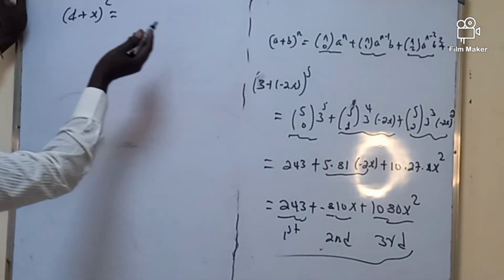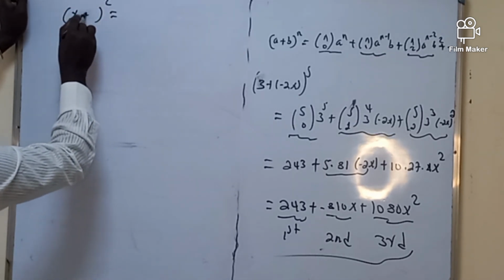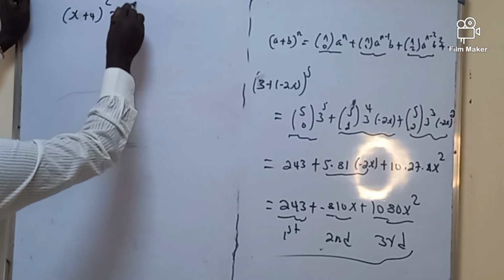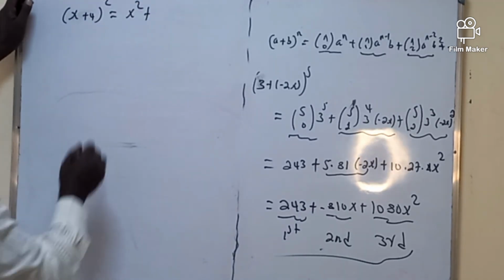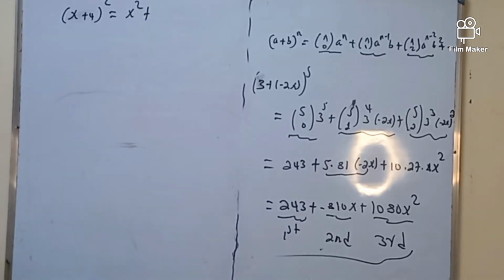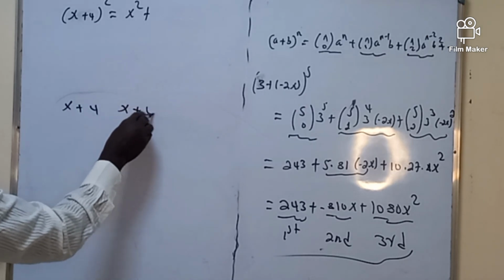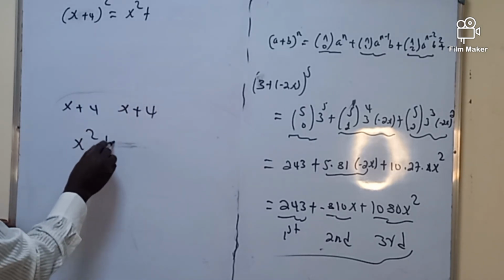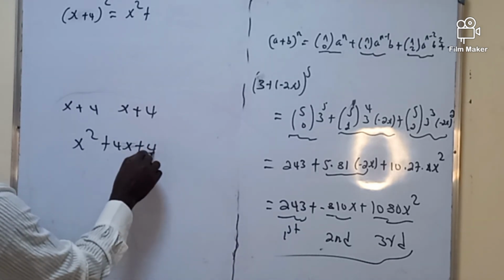You can rearrange this problem this way: x plus 4, the whole square. This means x plus 4 times x plus 4. That's x squared plus 4x plus, again 4x plus 16.